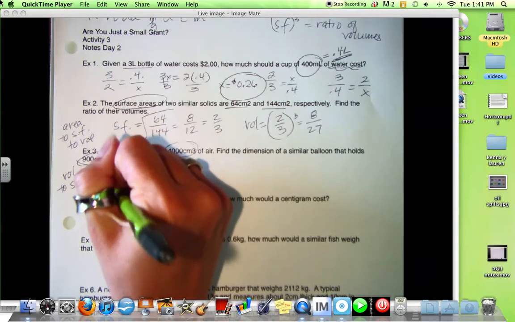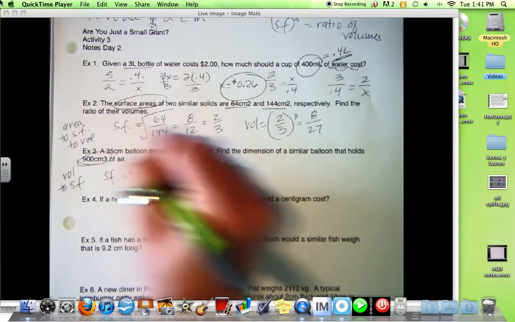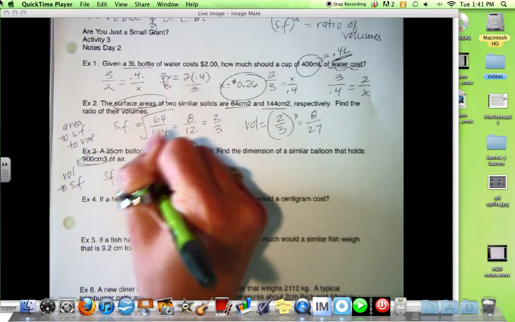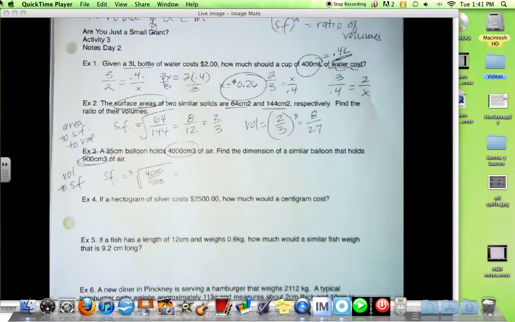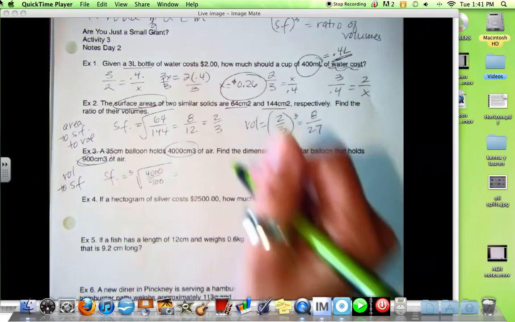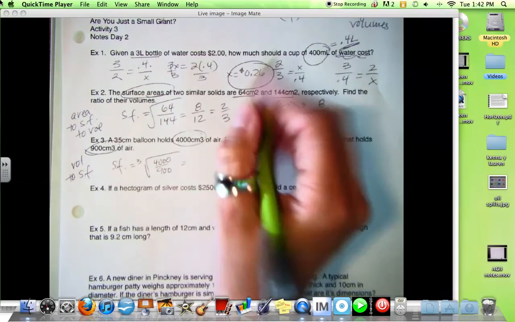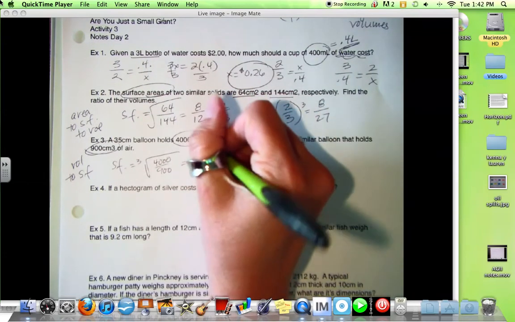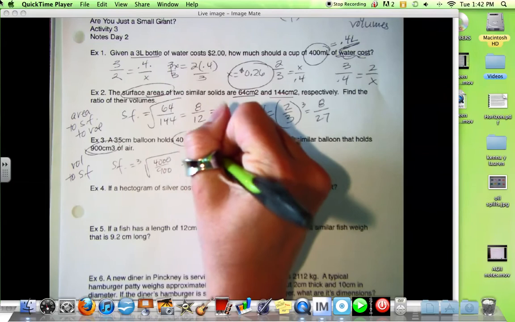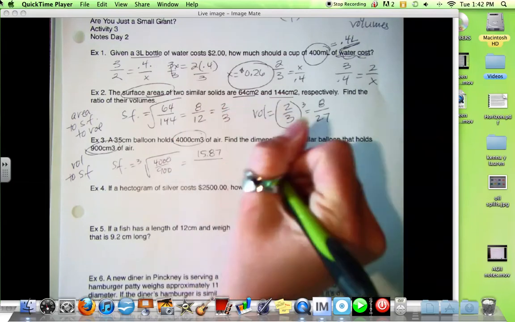The scale factor is going to be the cube root of 4,000 over 900. So what is the cube root of 4,000? 15.87. Okay. And the cube root of 900?